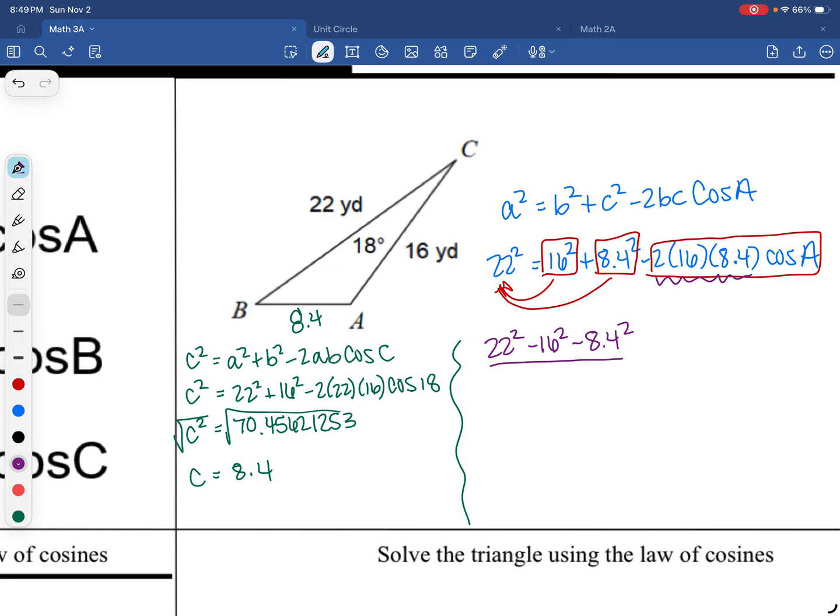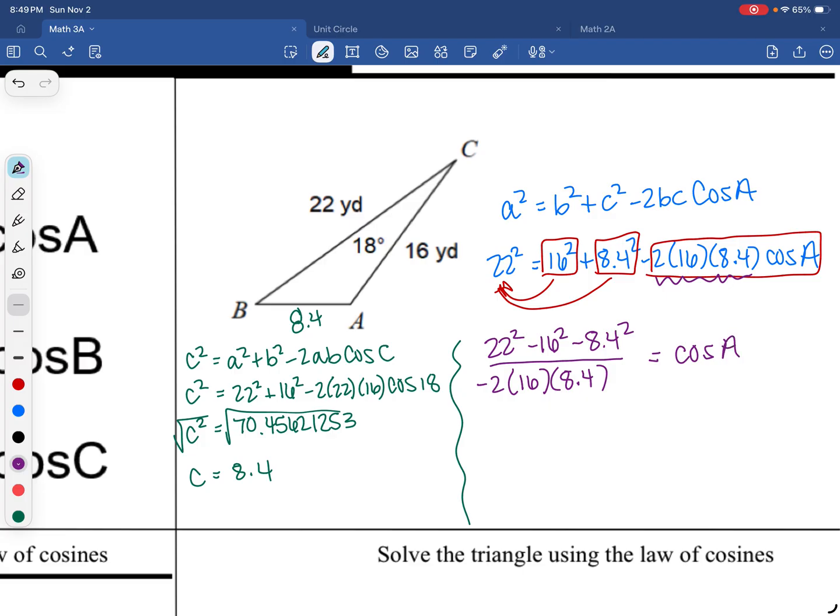Don't forget the negative that's on there too. So we're dividing by negative 2 times, whoa, I was thinking 22, but it's 16, times 8.4. And that will give us cosine A.